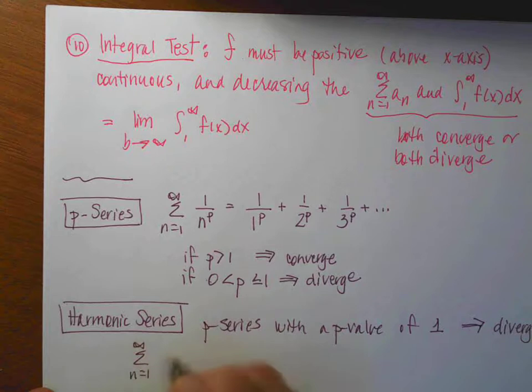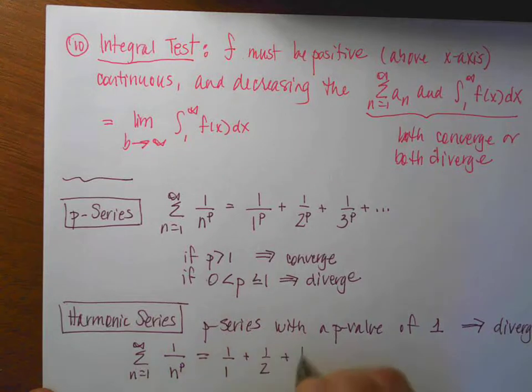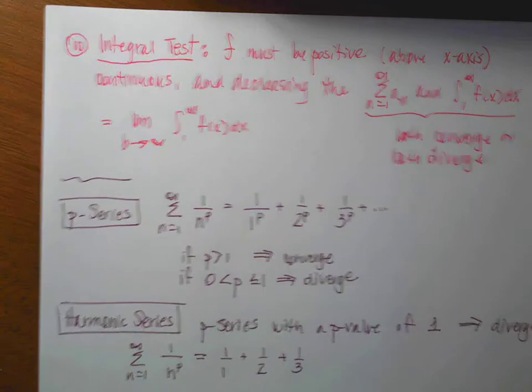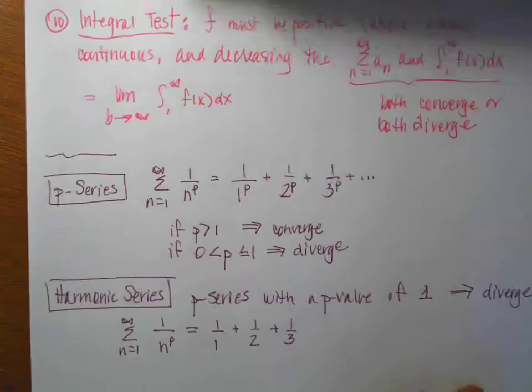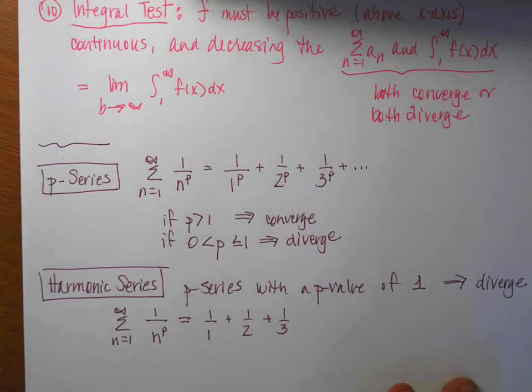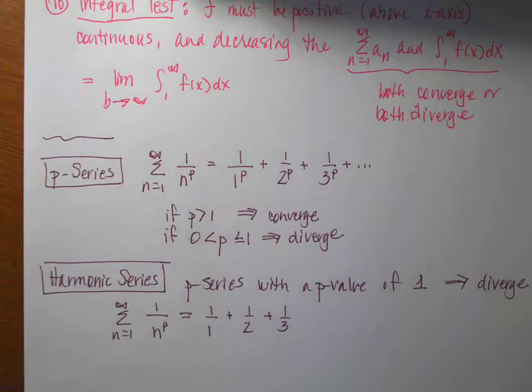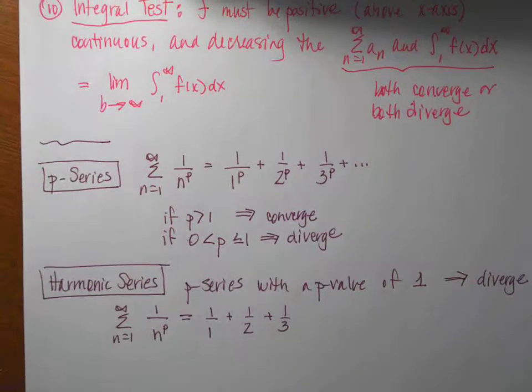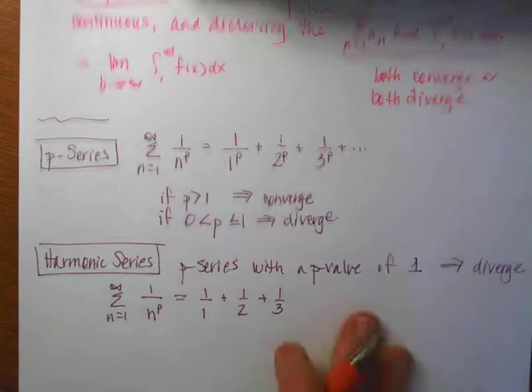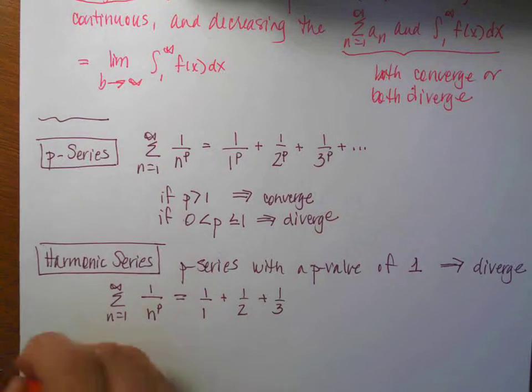And so this one would look like the sum from n equals 1 to infinity of 1 over n to the p, and then this might be 1 over 1, 1 over 2, 1 over 3, and because p is equal to 1, then that would diverge. Alrighty, so I think what I'm going to do is take the examples that I had down for us out of order, and then we'll go back and pick everything up by the time we're done.